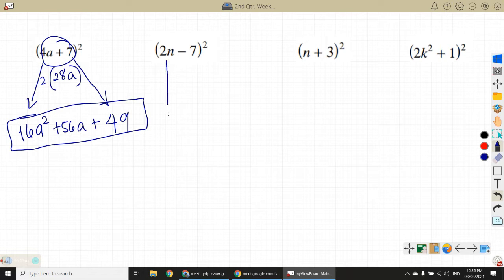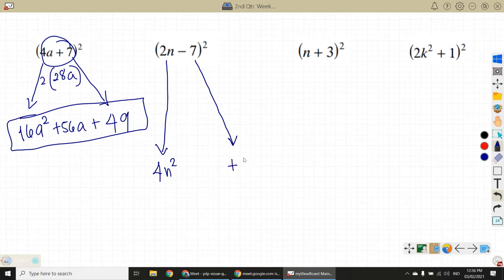Sige. 2n times 2n. So, this becomes, ilan? 4n squared. How about negative 7 times negative 7?